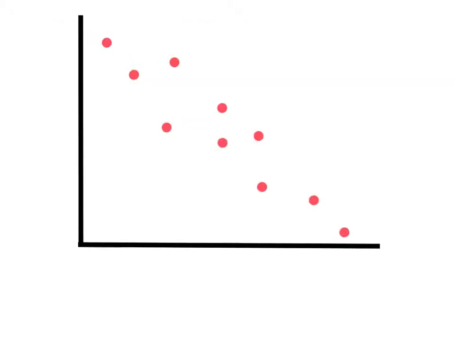So here's a good example of a negative correlation on a quadrant 1 graph, and we are going to draw a line of best fit here. So easiest way to do this, on your paper, if you have a graph and you're trying to figure out a line of best fit, you just kind of eyeball it and make sure that you have some points that are higher and some points that are lower.